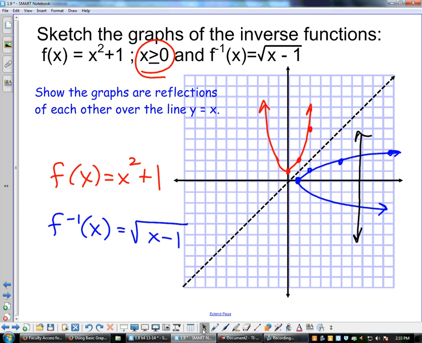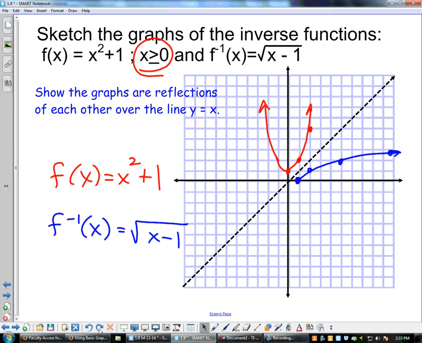So I wonder if there's some way that we could test a function to see whether its inverse will also be a function. We're going to learn right now. A horizontal line test. So if we test this, here was our original function before we did this limiting of the domain.